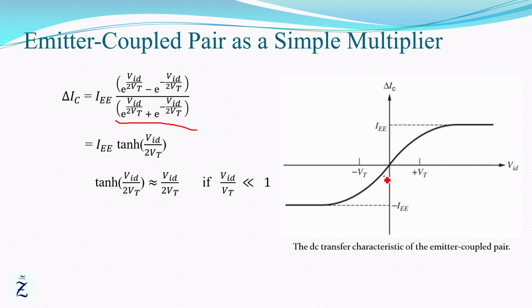Here the function is almost linear near to the origin, that is when the value of VID is very less than VT. Then delta IC is almost equal to IEE into VID divided by 2VT.